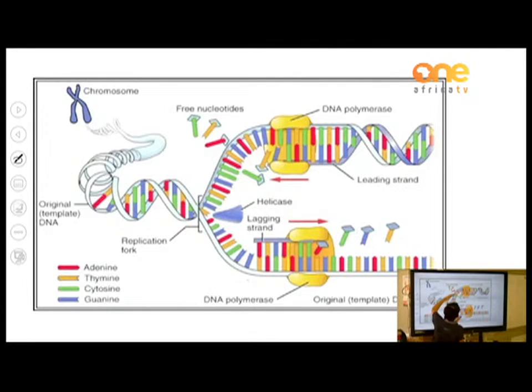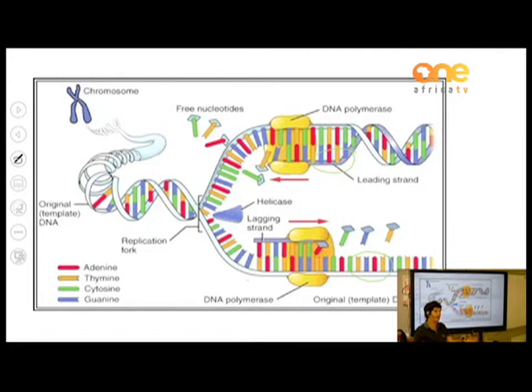The outer ones were complements of one another. Therefore, the one that links up there, these two green ones will be the same. Now we say we have semi-conservative replication. Why is that a good thing?